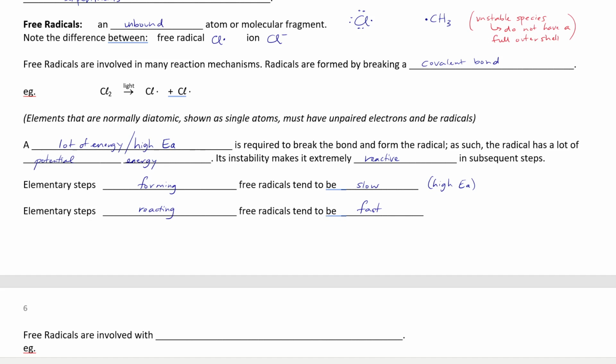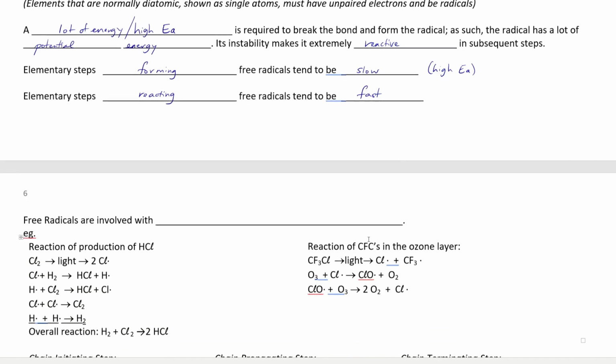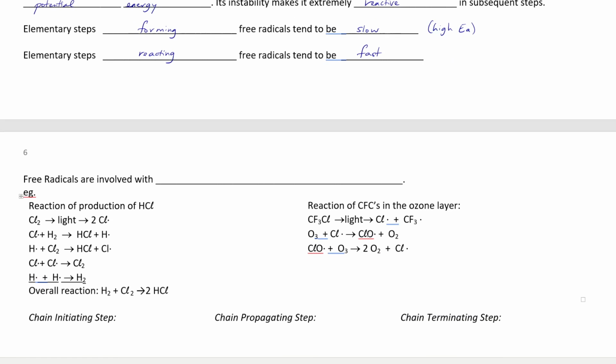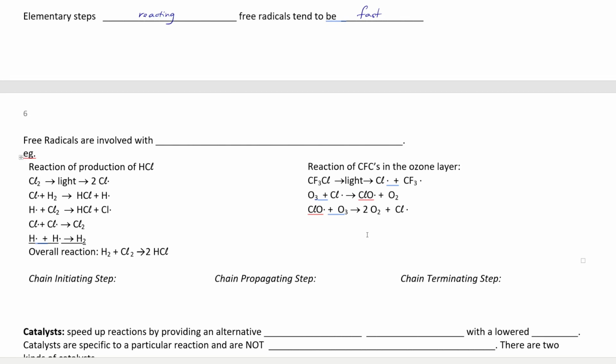Okay, and because free radicals are so reactive, when those free radicals react, those steps have very little activation energy, because it just allows the radical to react quite quickly. But if we want to make a free radical, when we want to break that covalent bond, that requires a lot of energy, so that's a slow step. So free radicals are often involved with chain reaction mechanisms.